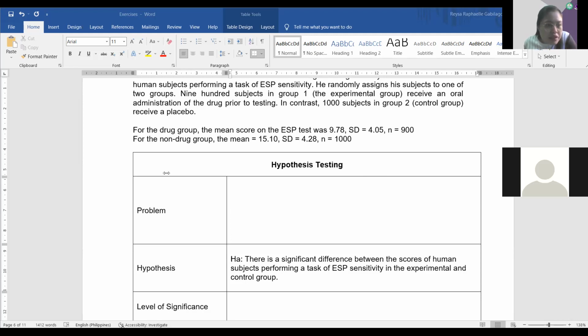Applicable lang po yan siya sa test na may two groups, ma'am, or kasali po doon sa isang group lang? Itong sa z-test for one sample, this is also applicable for the one sample z-test. Ang kaibahan lang kasi ng one sample z-test is, actually you still have two groups there.